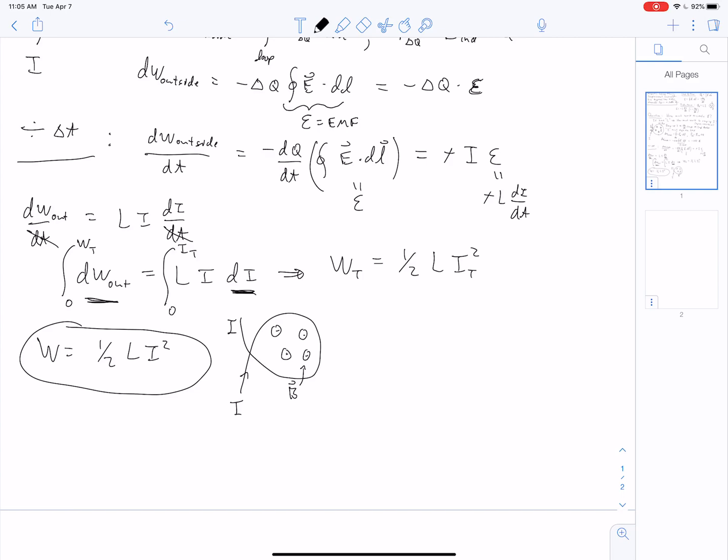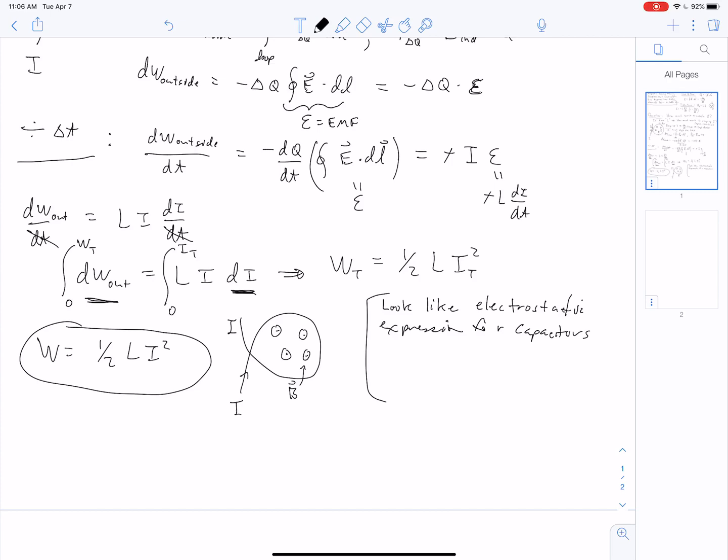And you know how I always like to look back on the electrostatics formulas that we've derived. I just want you to see how this looks like the electrostatic expression for capacitors, because there's a real strong analogy between electrostatics and magnetostatics.